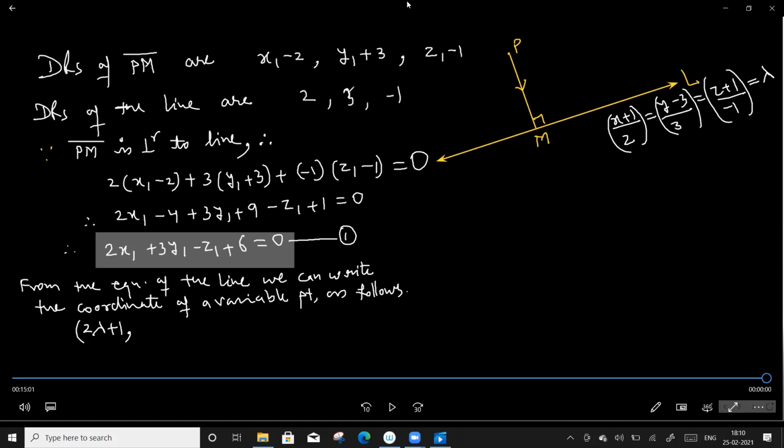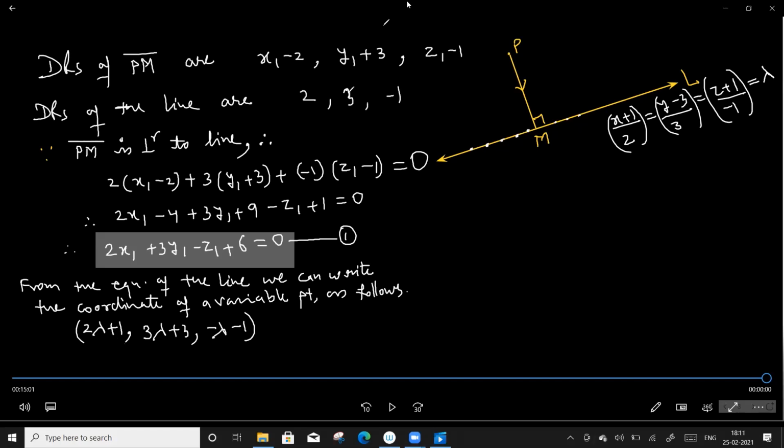In this equation, x, y, and z represent any point on the line. Y would be 3 lambda plus 3, and z will be minus lambda minus 1.